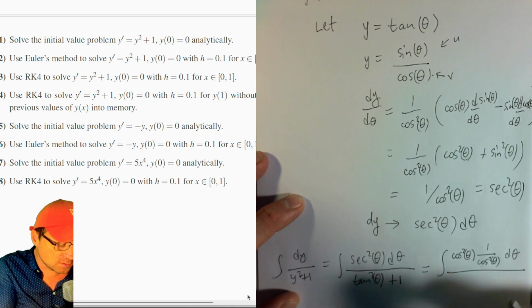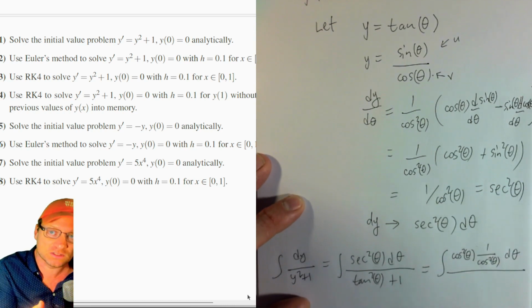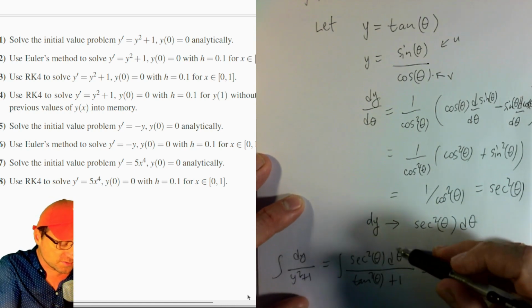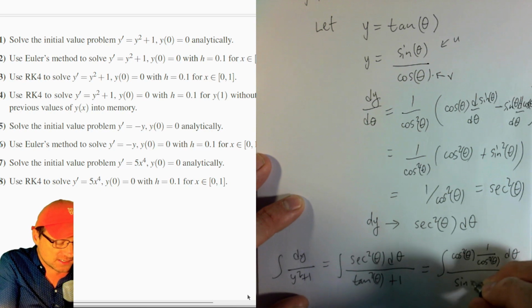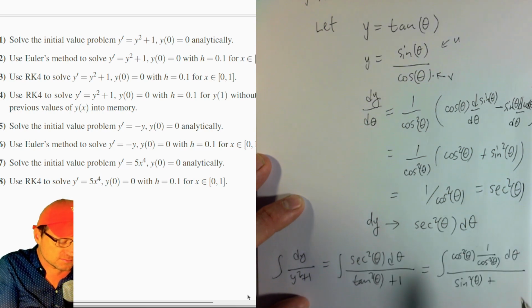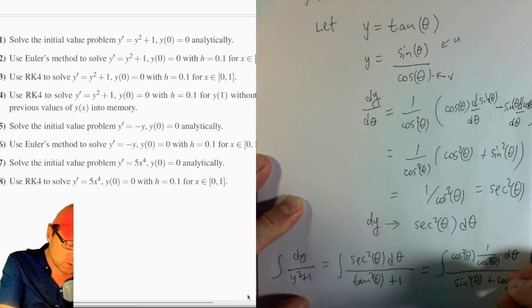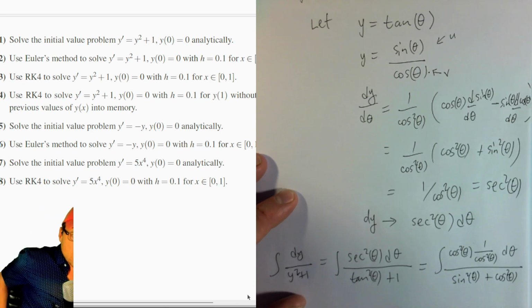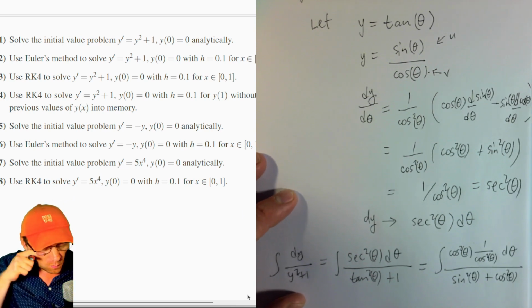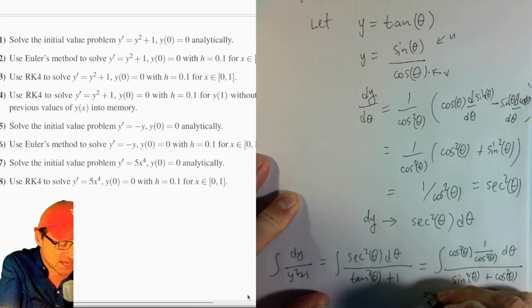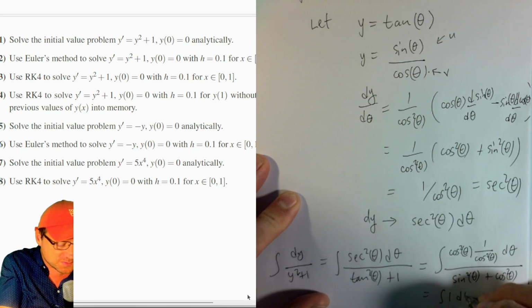And then on the denominator, since we have multiplied through by cos squared on the top and the bottom here, we have sine squared theta plus cos squared theta times 1, which is cos squared theta. Okay, now since sine squared theta plus cos squared theta is 1, and these cancel, we just have the integral of 1 with respect to theta.